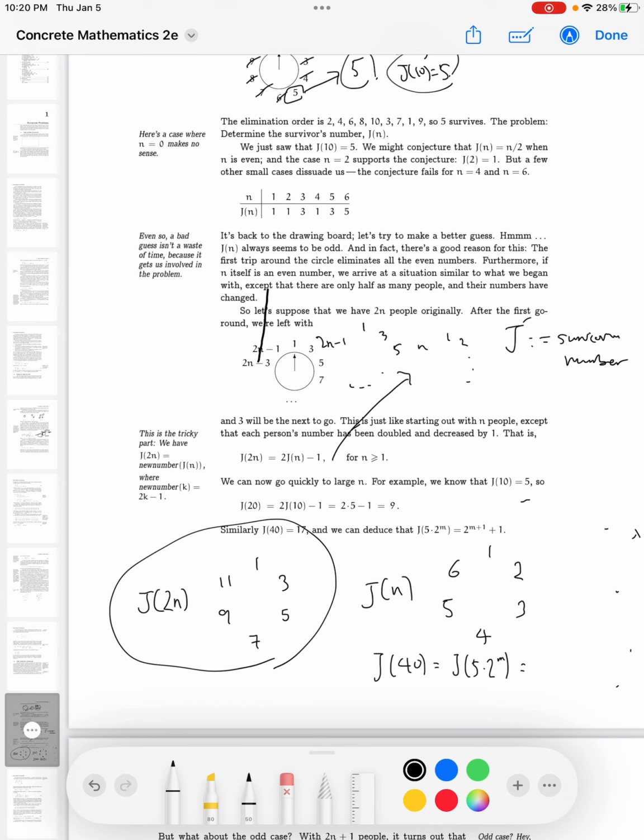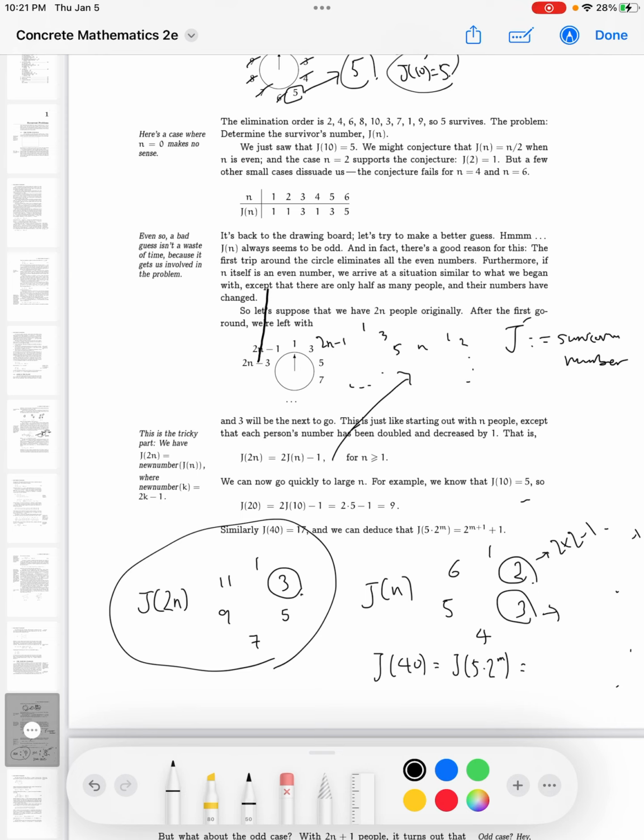And this is exactly the same as J6, except that the position of each person at each spot is 2 times that person's position minus 1. In the case of 1, the second spot from J2n is 3, which is 2 times 2 minus 1.